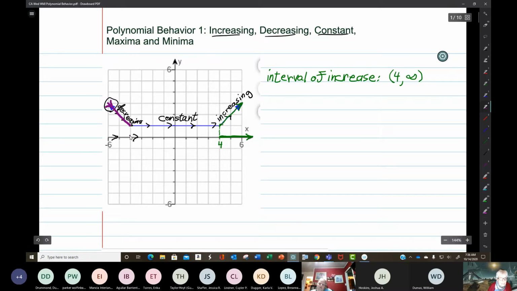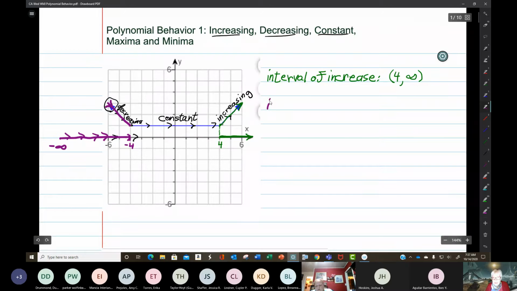And the part of the x-axis that goes with this, going from left to right, you've got negative infinity out here, and then going into, if this is -6, this is -5, this is -4 on the x-axis.